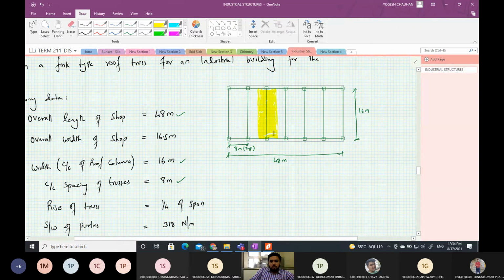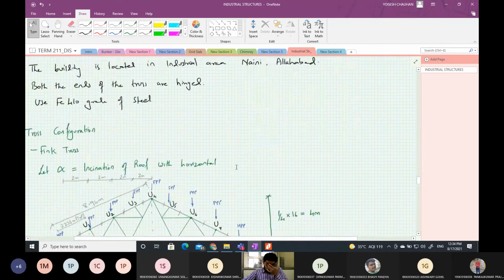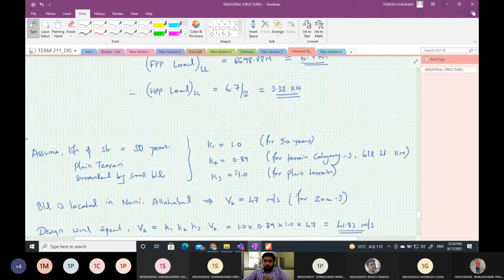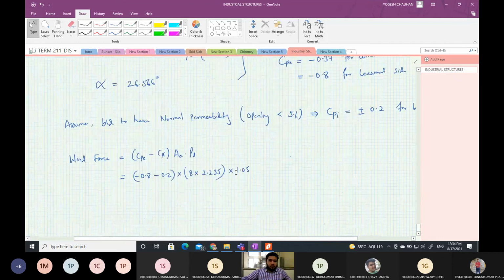So this is 8 meter. The wind load will be minus 18.774 kilonewton.